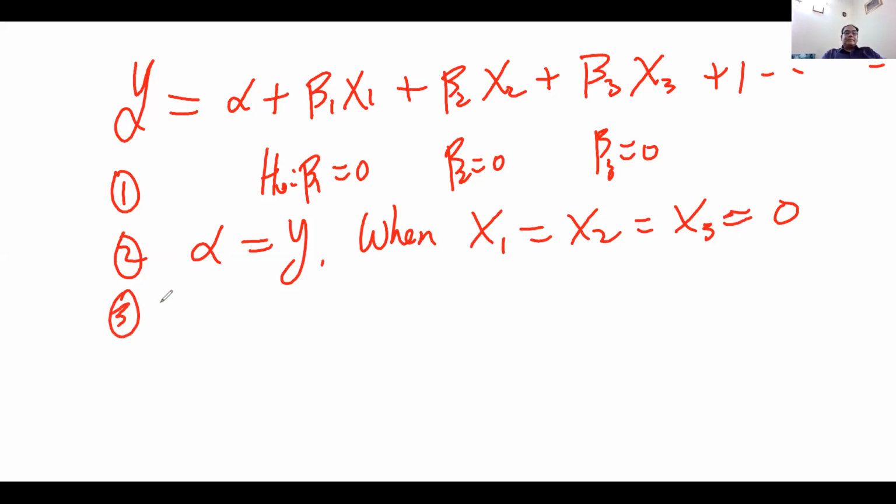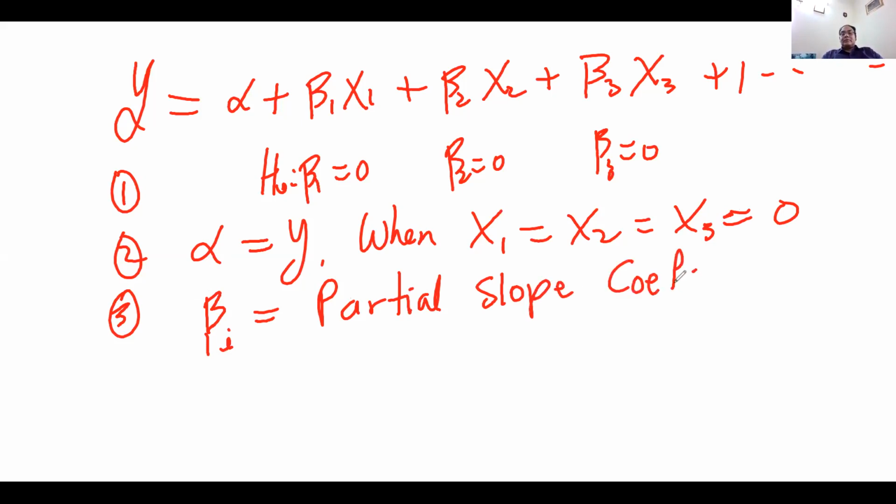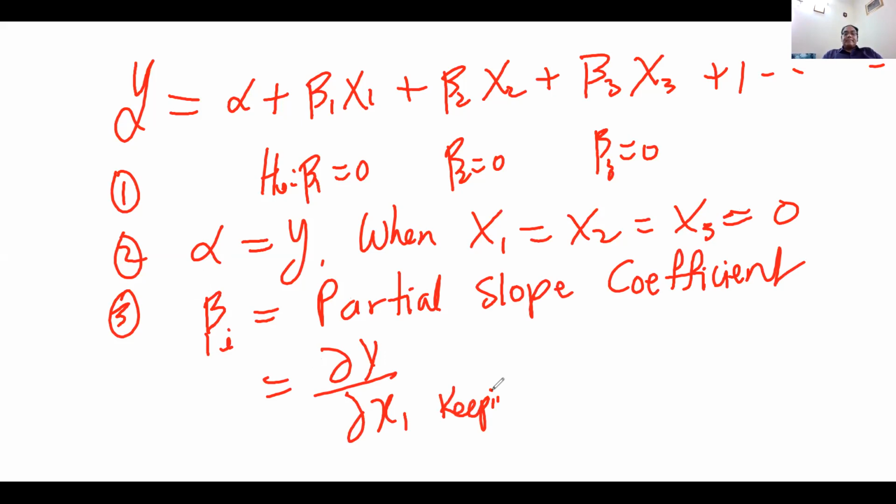Number three, beta i is known as the partial slope coefficient. Partial slope coefficient means it is delta y upon delta x1 while keeping x2 and x3 constant. So for x1, x2 and x3 are acting as control variables.